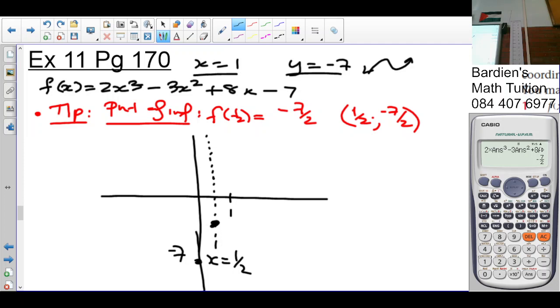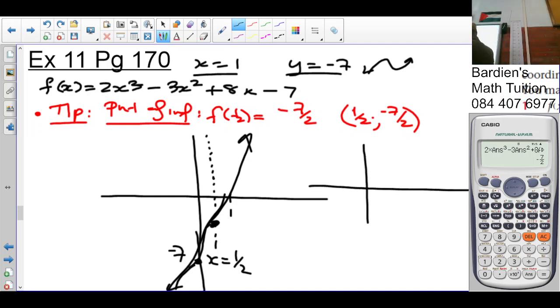The graph goes up then down, so the graph is going to come from here. That's what the graph is going to look like. Okay, then it looks something like this. So that point there is a half and negative 7 over 2, and this one is negative 7. Is that correct? Just check if the answer is correct.